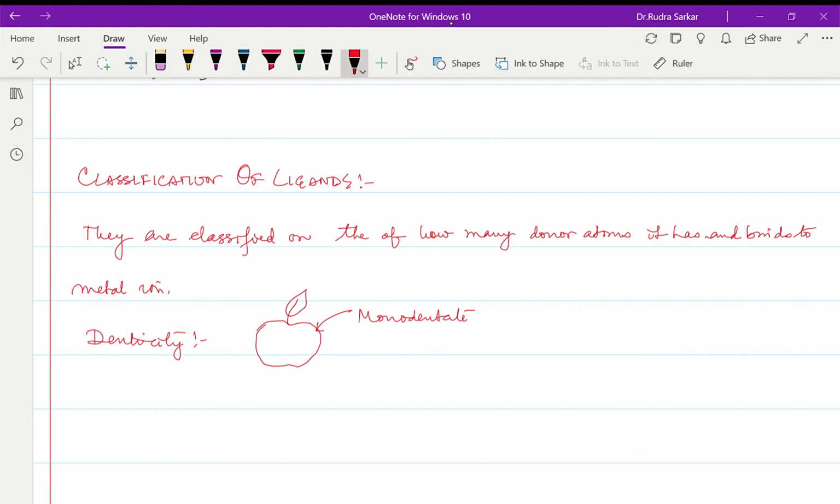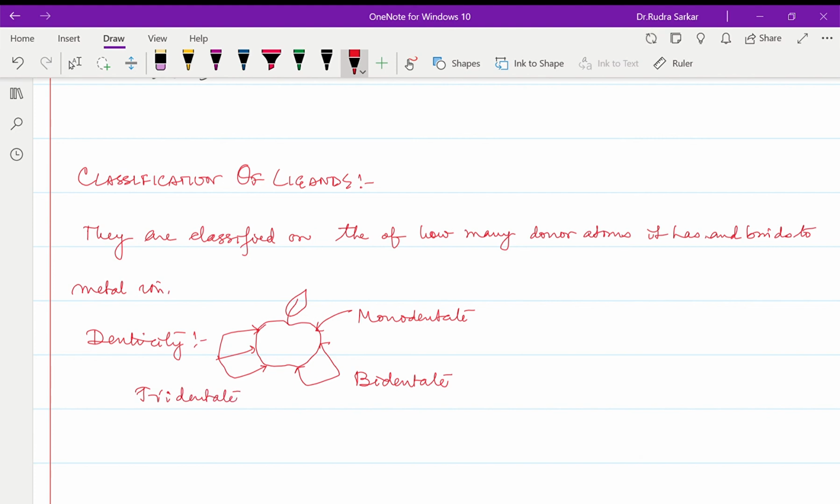And if it is binding with two such teeth, then we will say bidentate. Similarly, if it is binding with three, we will say tridentate.